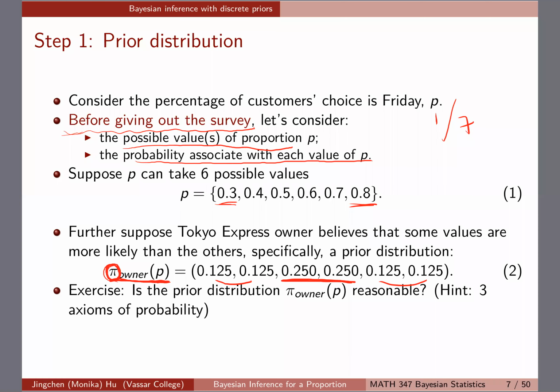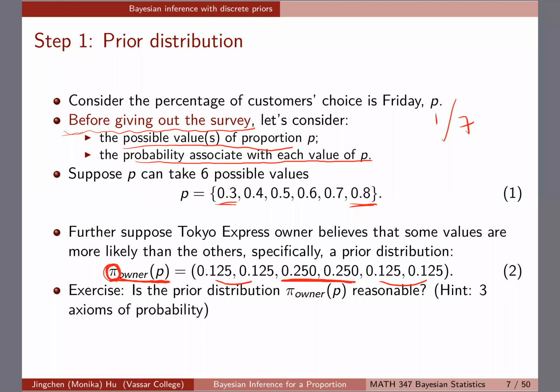Okay, so the 3 axioms, first one: between 0 and 1. So all of the 6 probabilities satisfy this, right? Second is they should sum up to 1, which is true. And the third one is if you have disjoint events, then the probability of the union of them will just be the sum of those probabilities, right? So in this case, P can be any one of these, but cannot be 2 or more than 2, right?